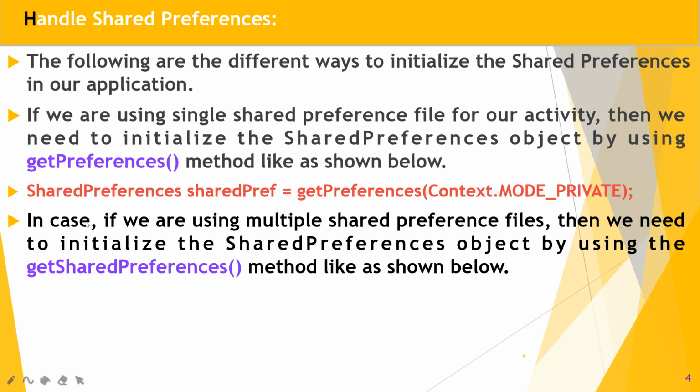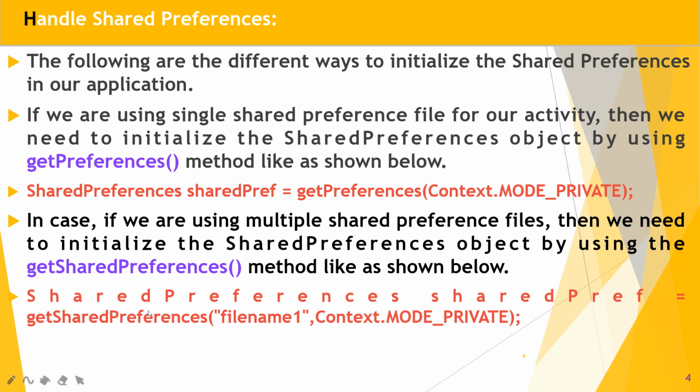In case we are using multiple shared preference files, then we need to initialize the shared preferences object by using the getSharedPreferences method, as shown below. So SharedPreferences class name, shared preference object name is equal to getSharedPreferences, first argument is the file name from which we want to retrieve the key-value pairs, and the second one is the mode, private mode.